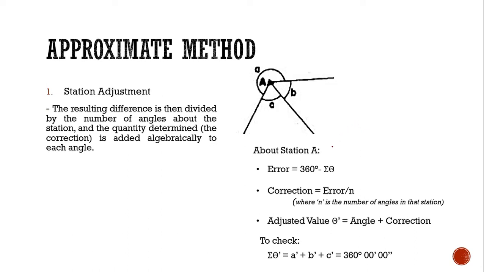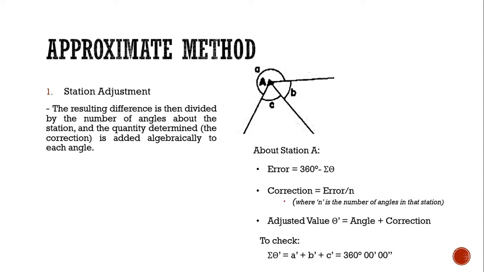After the summation of your angles is determined, you will then get the error. To get that, you just have to subtract your summation from the 360 degrees. And then the resulting difference is divided by the number of angles about the station.